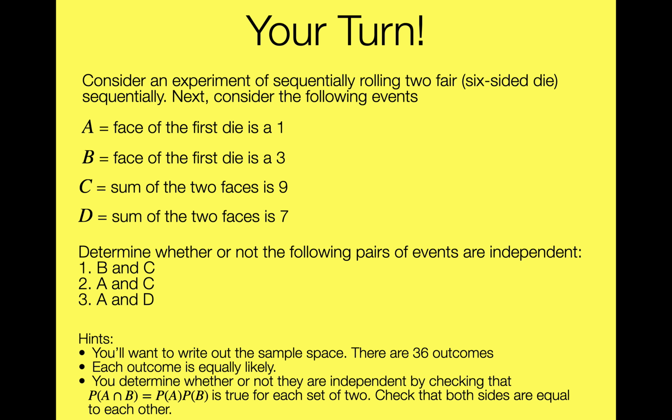Okay, so A is the face of the first die is a 1. B is the face of the second die is a 3. C, the sum of the two faces is 9. And D is the sum of the two faces is 7. I want you to determine whether the following pairs of events are independent or not. Okay, and so there's three here: B and C, A and C, and then A and D.